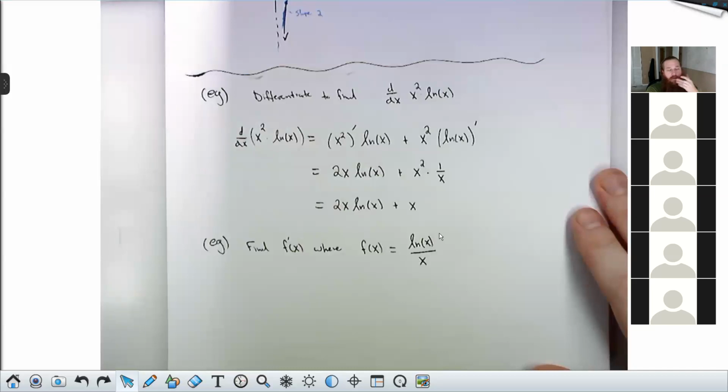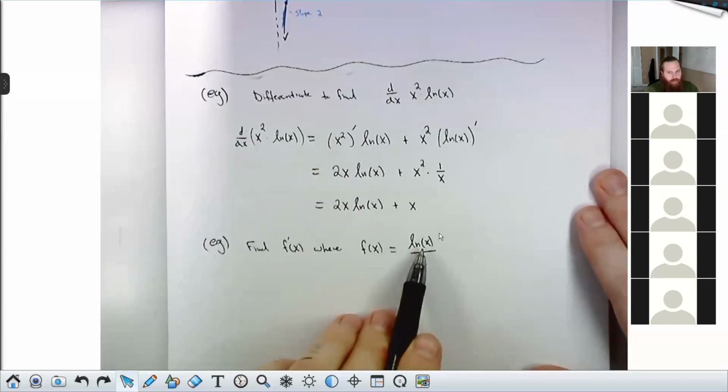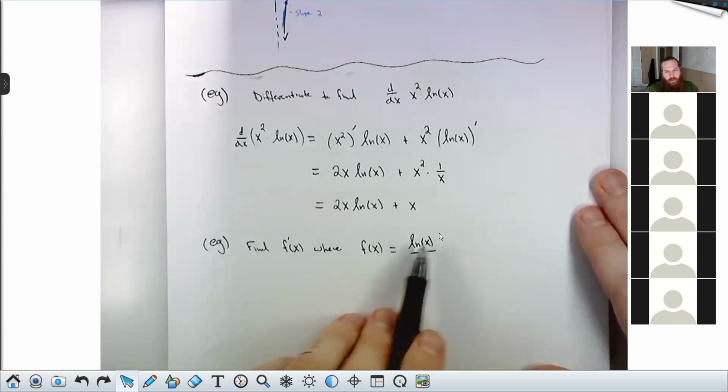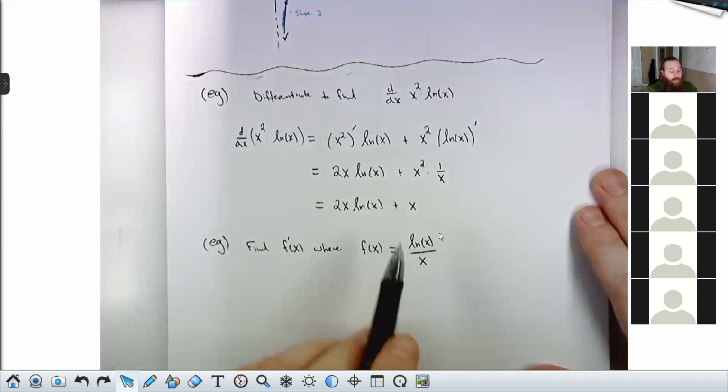No, right? For the same reason you can't cancel the x in sine x over x. This isn't multiplication. This is not ln times x. ln on its own doesn't make any sense. This is the natural log of x. This is function notation being divided by x. So I need the quotient rule.